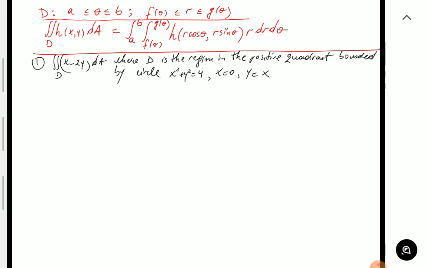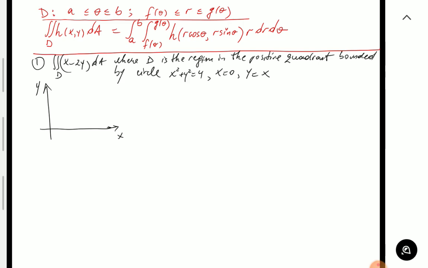Okay, let's actually do it directly in polar coordinates, and then we're gonna see how it may look in Cartesian coordinates, just to see the difference. So if we sketch the domain, it lives in the first quadrant, as the problem states.